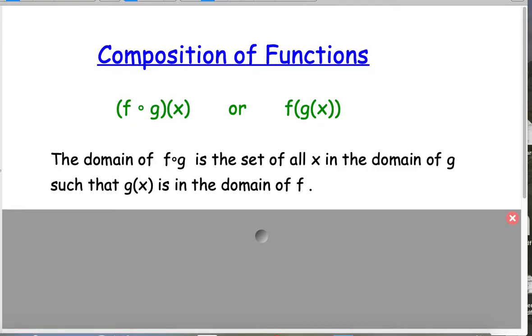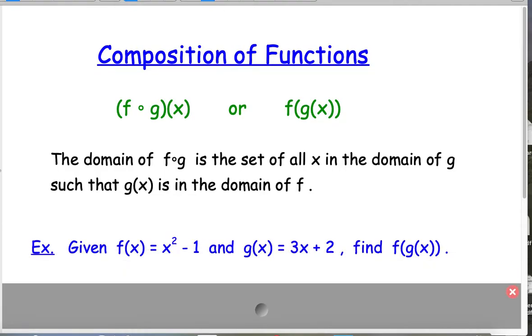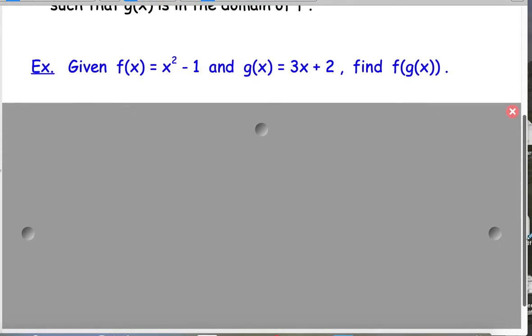The domain of the composition is the set of all x in the domain of g such that g of x is in the domain of f. So we have to first consider what's the domain of g, and then we have to think what are the outputs of g, and are those acceptable to be inputs to f. And we'll have some examples to show just exactly how that works and how it can be complicated at times.